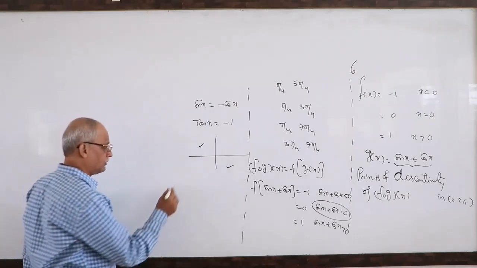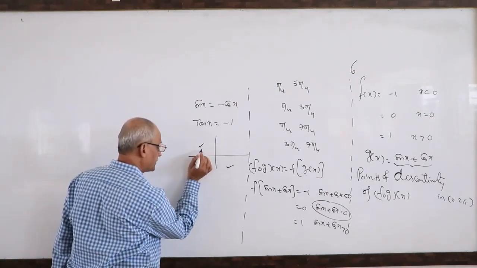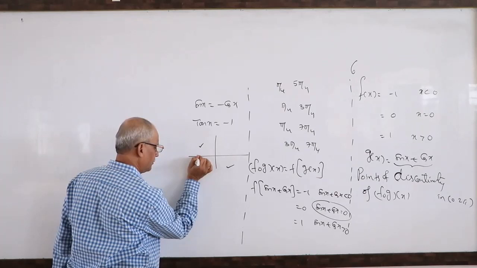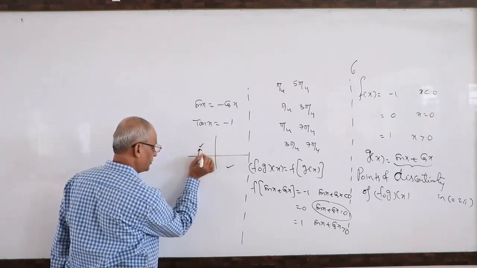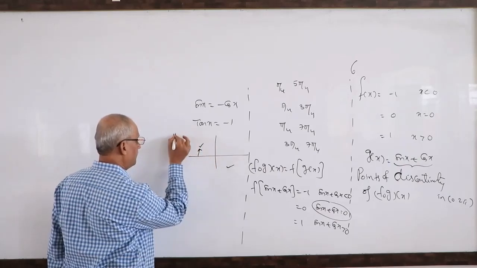Here, to get the value where the tan function remains the same, meaning negative, 180 minus theta, pi minus pi by 4.